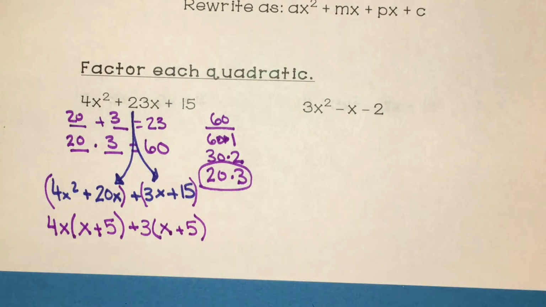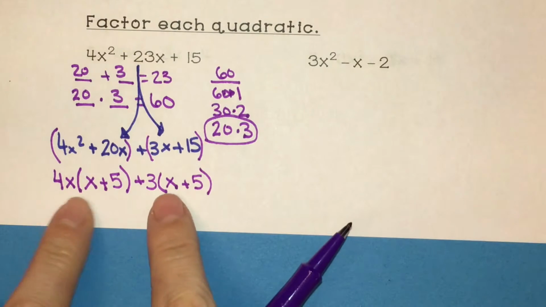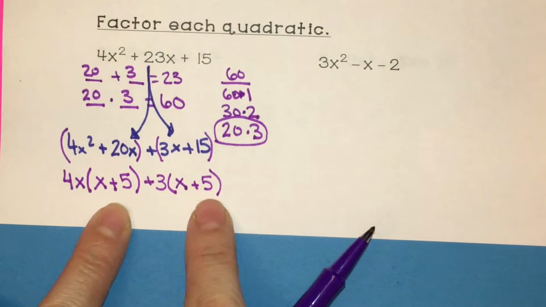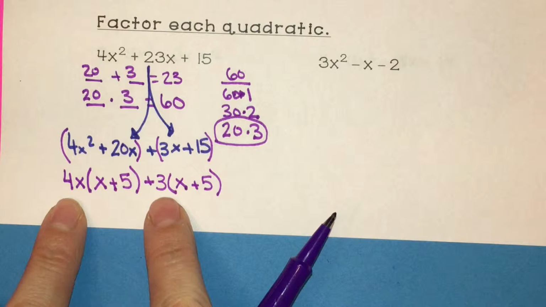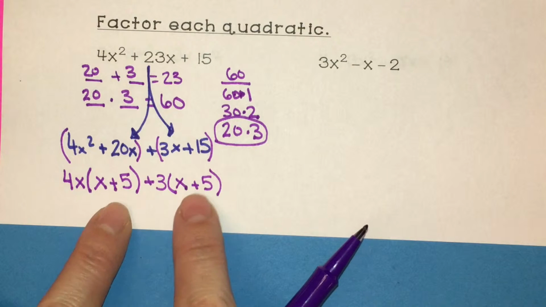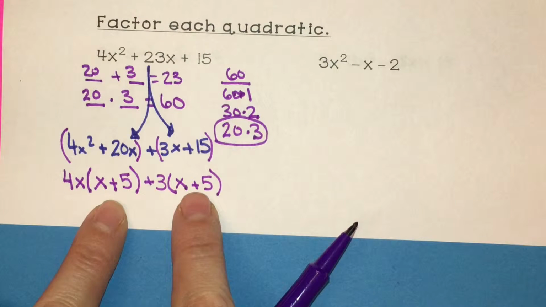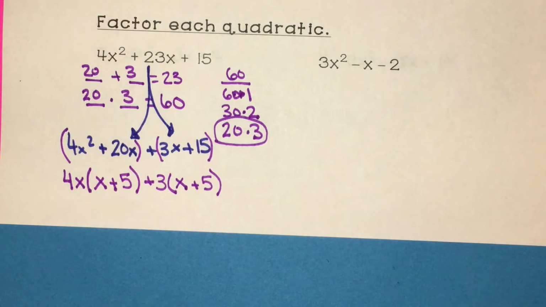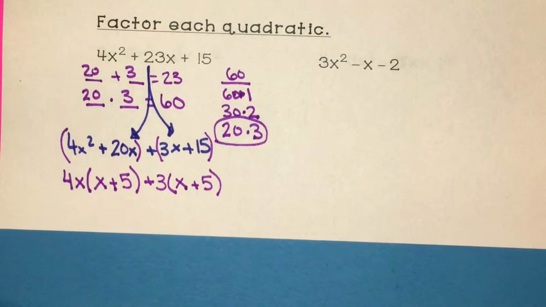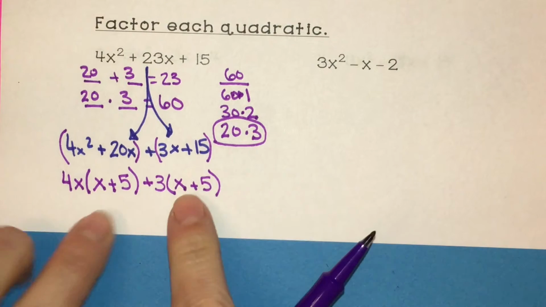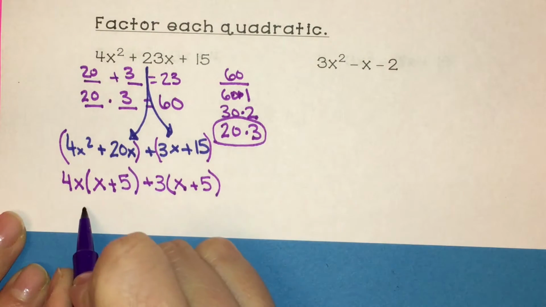If you notice, when I factored out the greatest common factor, I have two terms here multiplied by the same thing. I wanted what's left in the parentheses on both of these to be exactly the same, because if they're the same, I can factor out that greatest common factor. So now my new greatest common factor is x plus 5, because both of these have an x plus 5.